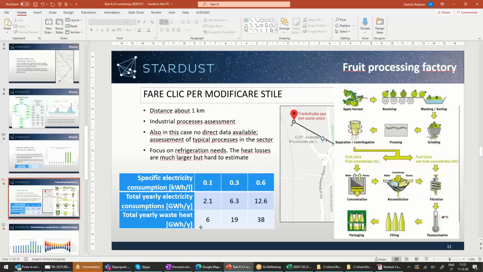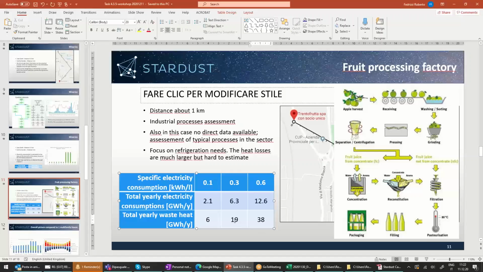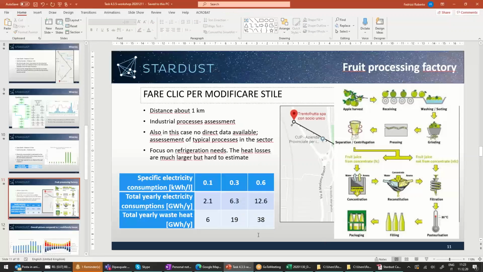Estimation of waste heat from these processes, without going into too many details, is in the range between 6 and 40 gigawatt hours per year, depending on the kind of process. We didn't have access to too many details there. Imagine that on average they could make available to the site something like 20 gigawatt hours per year, distributed equally over time.